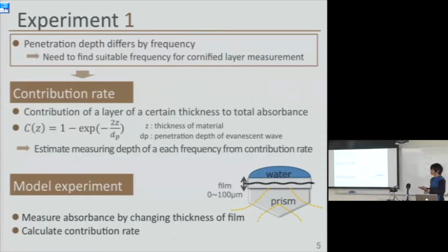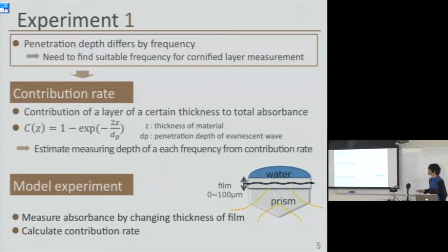In fact, the penetration depth of the evanescent wave differs by frequency, inversely proportionally. So if I want to measure only cornified layer information, I need to find a suitable frequency for cornified layer measurement. To achieve this, I introduce the contribution rate.